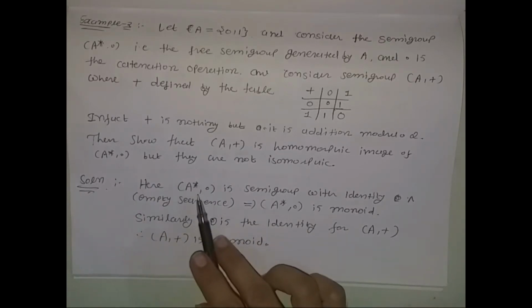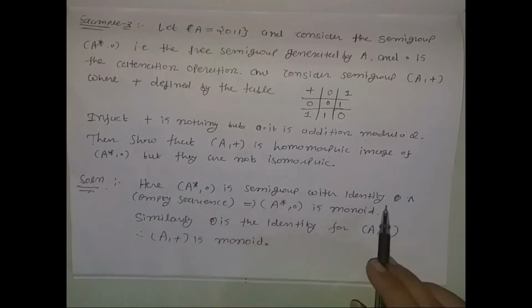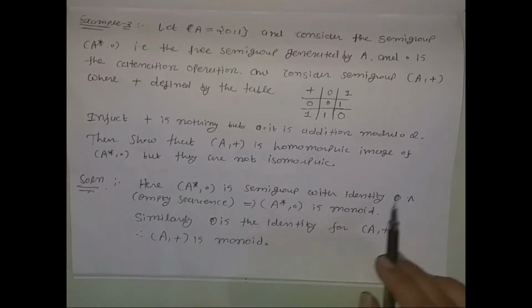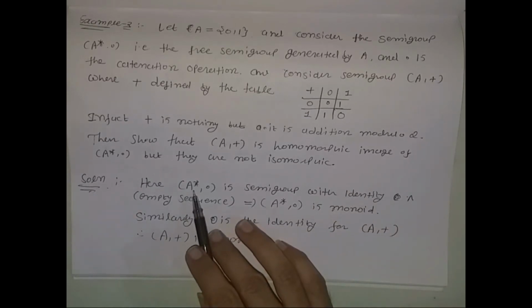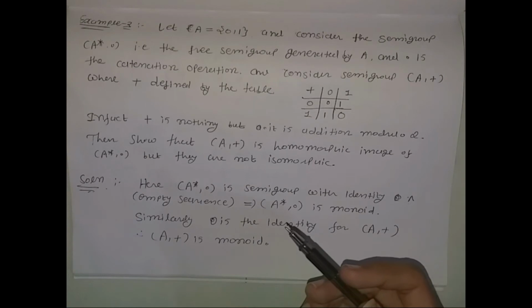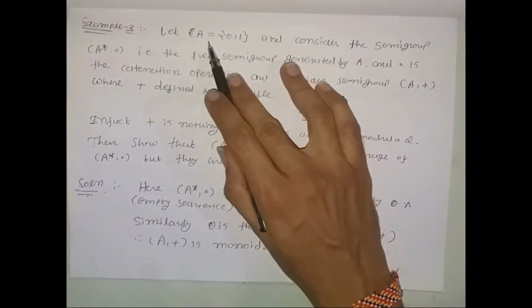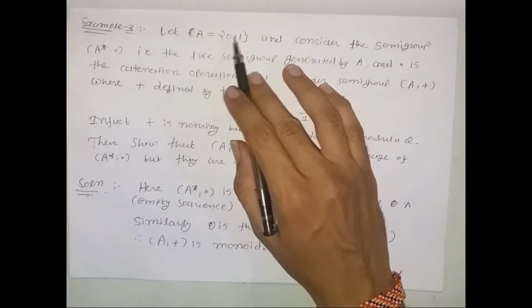So A star with dot is a semigroup with identity. What is our identity element? The identity element is the empty sequence. A star is the set of all finite sequences made from the symbols of A. Here there are 0 and 1.